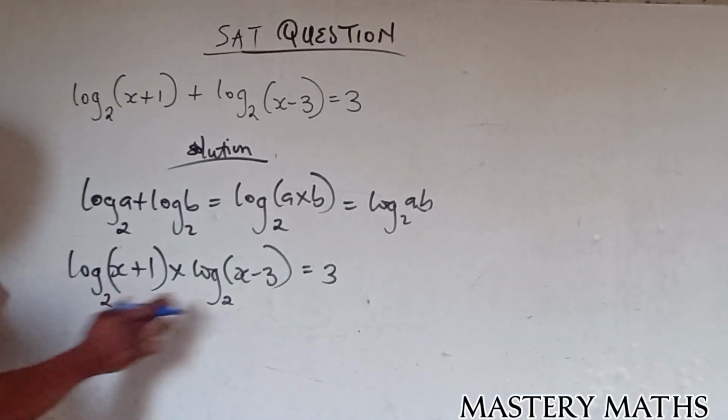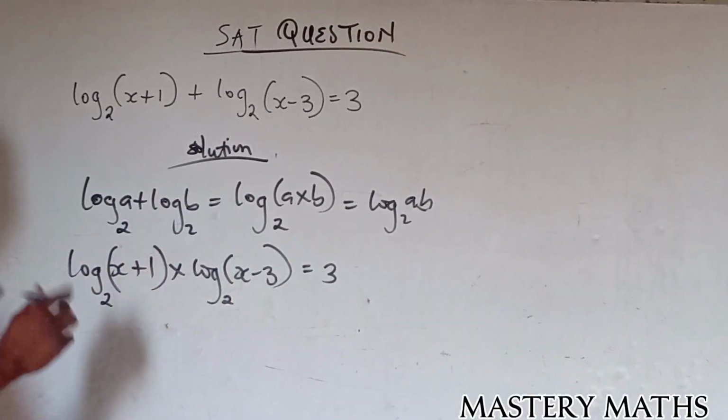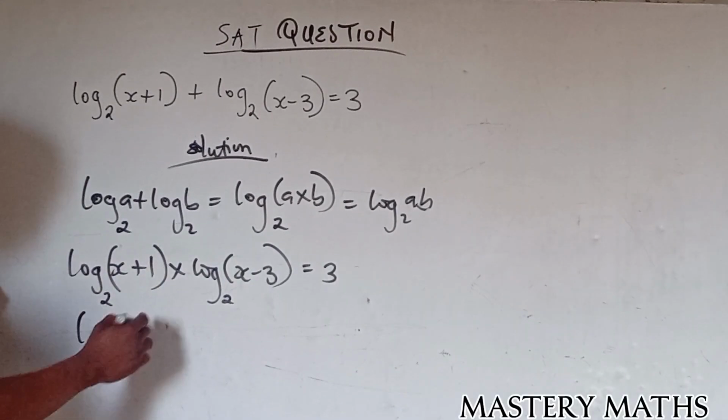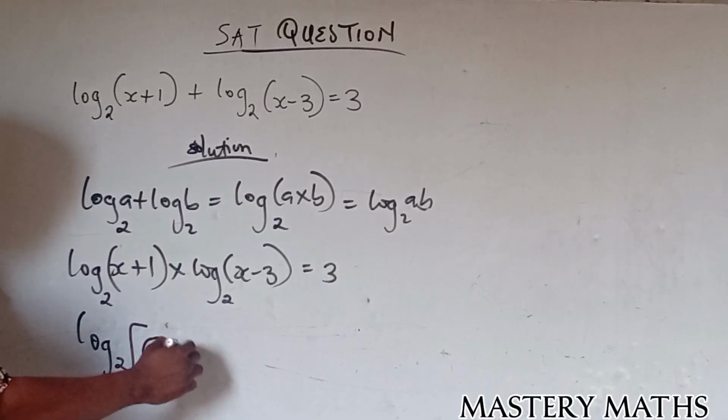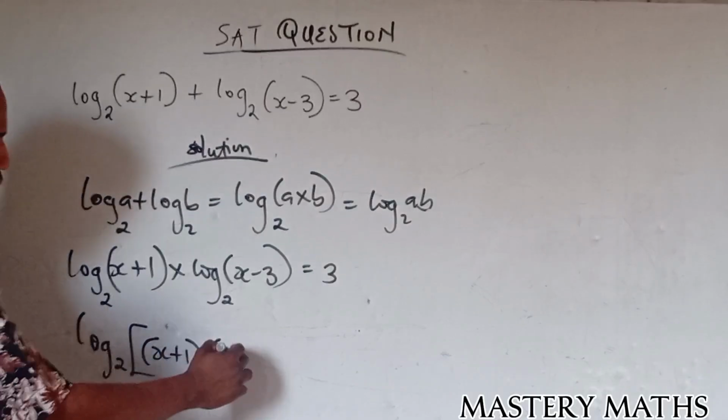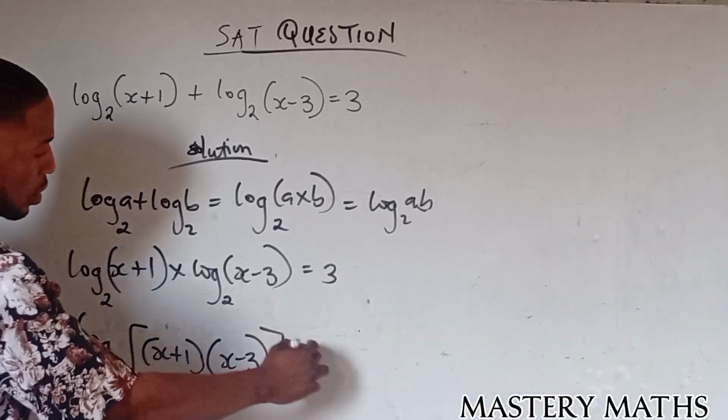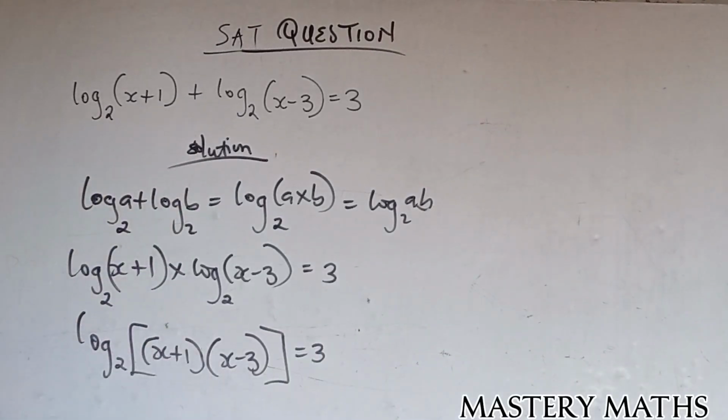You see that? Log this times log this. Now we'll take one of the log: log 2, open the big bracket, you have your x plus 1 and your x minus 3 equal to 3.